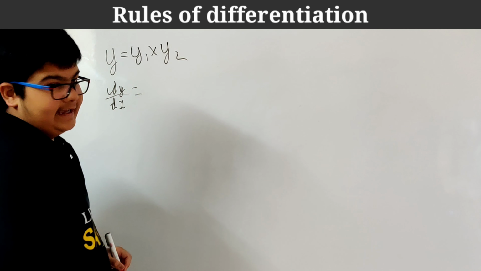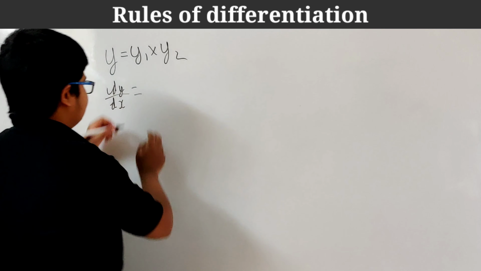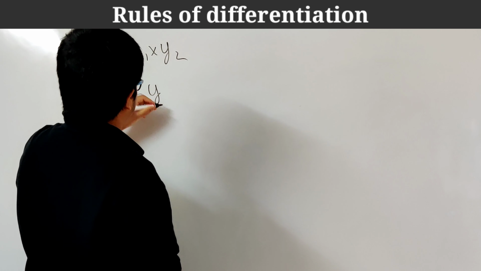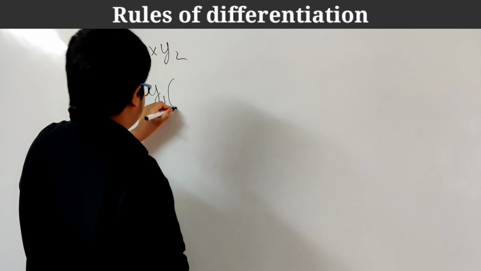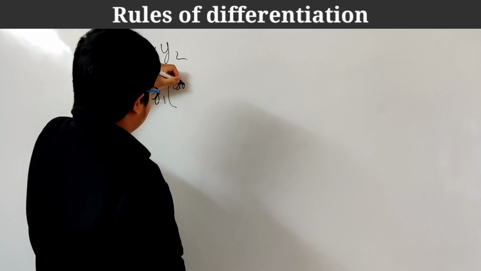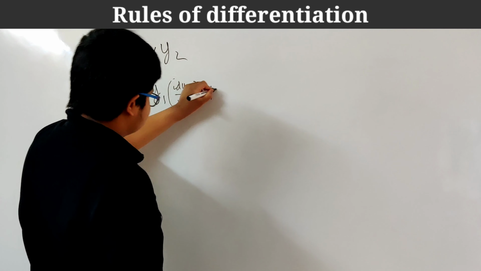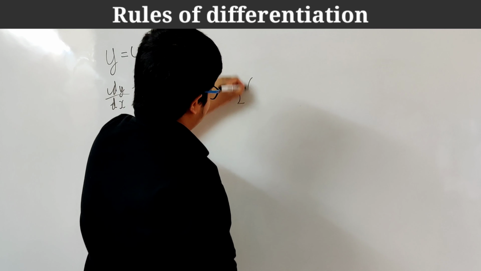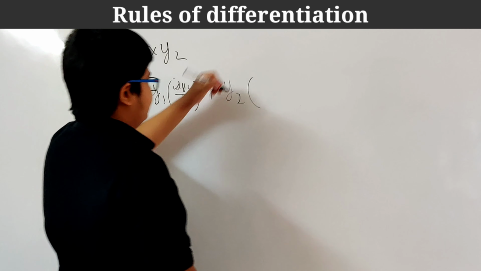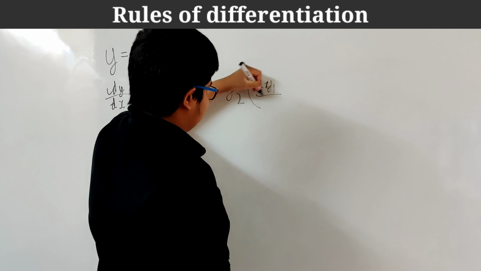So dy upon dx, what we have to do is first take the first function y1 and differentiate the second function, so y1 into dy2 upon dx, plus take the second function y2 and differentiate the first, dy1 upon dx.